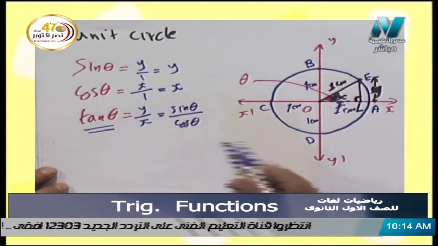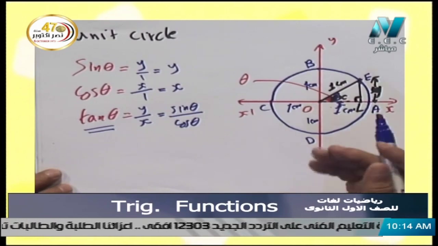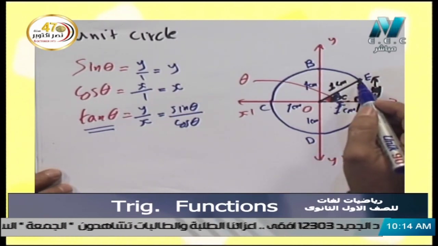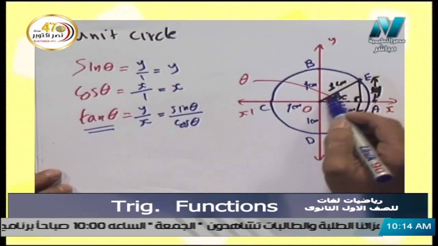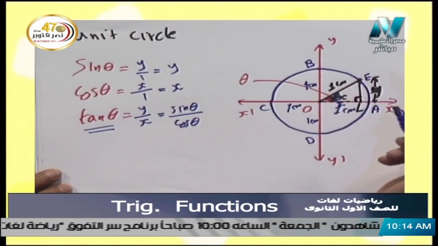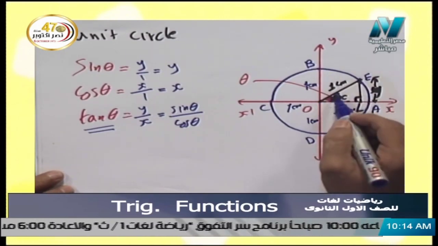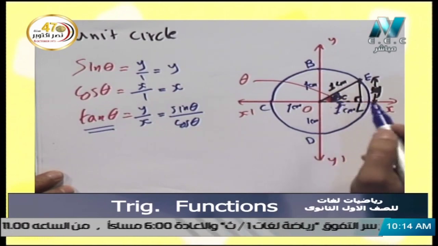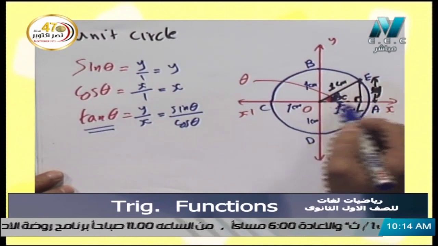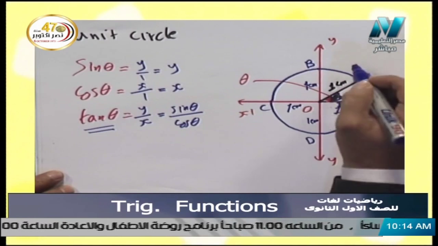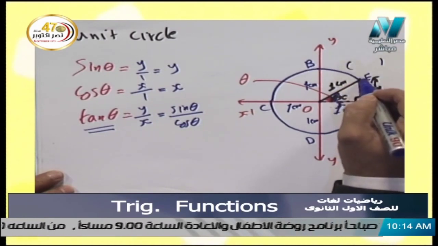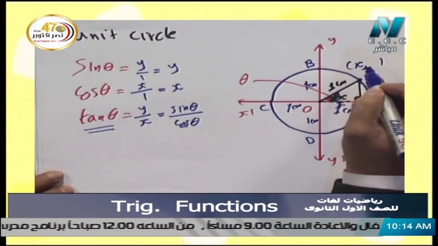Okay, so when we deal with the unit circle, we know that the hypotenuse equals 1, and so sine theta here is y and cosine theta is x, and don't forget that this point is of coordinates x and y.